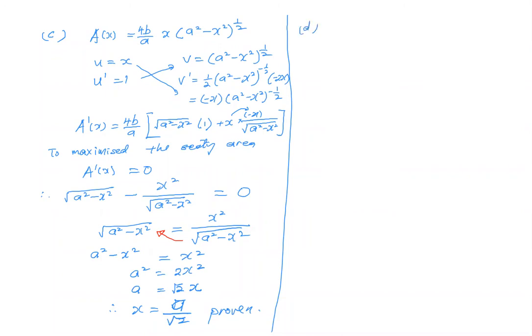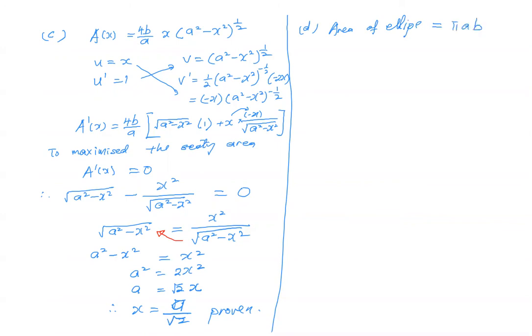They say given that the area of the ellipse is pi AB.